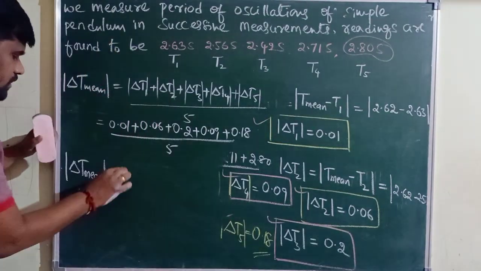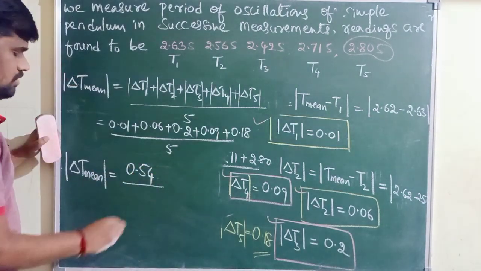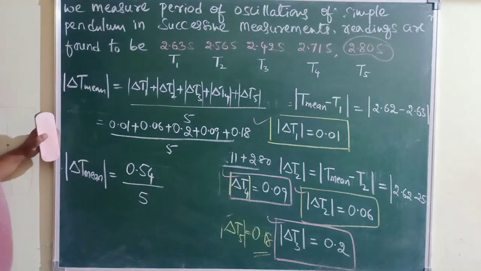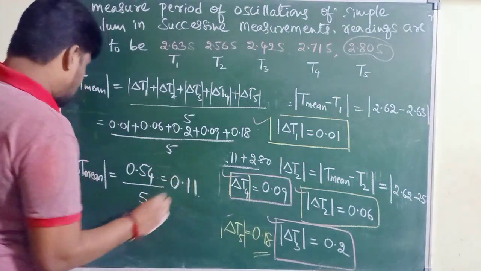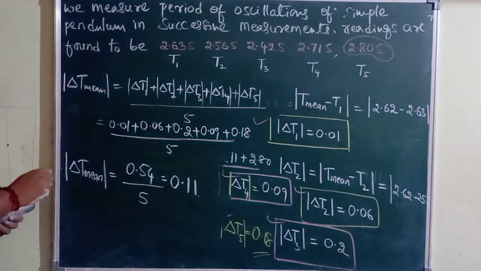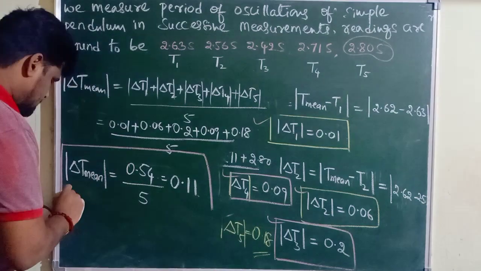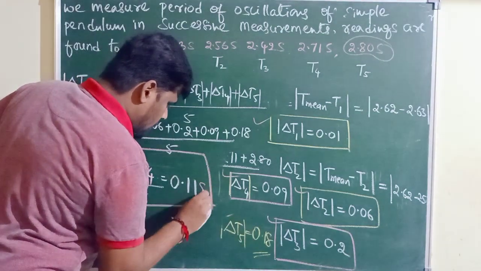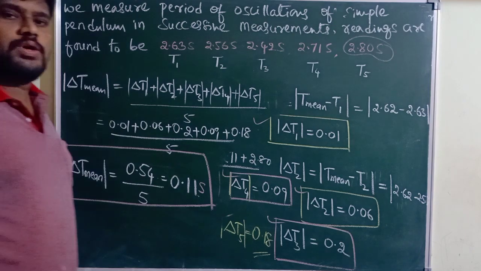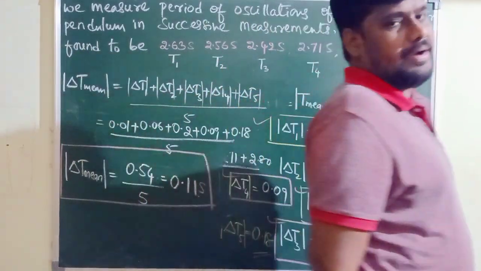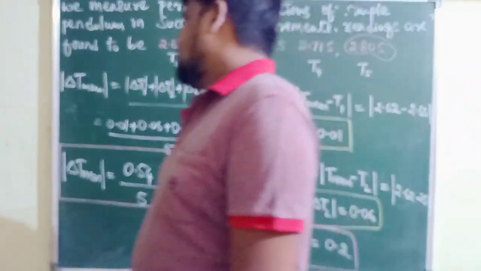It is found to be 0.54 by 5, its value is nearly close to 0.11. What is 0.11? The 0.11 second. This 0.11 second is called the absolute error in the measurement.